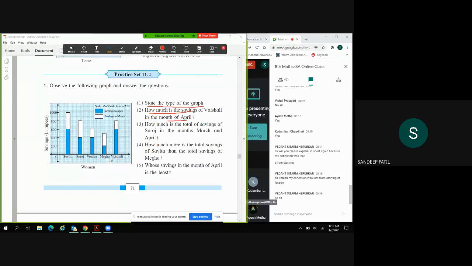So now, what will you do? We will go to Vaishali's bar graph, right? So how much saving does she have in the month of April? Right, approximately it's 600.